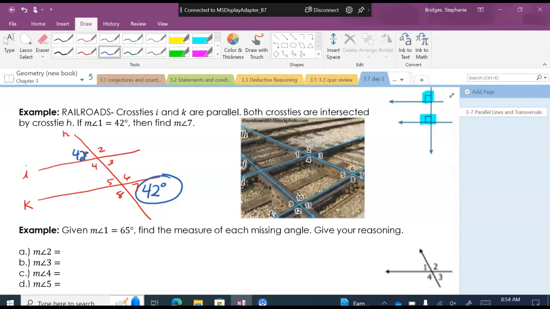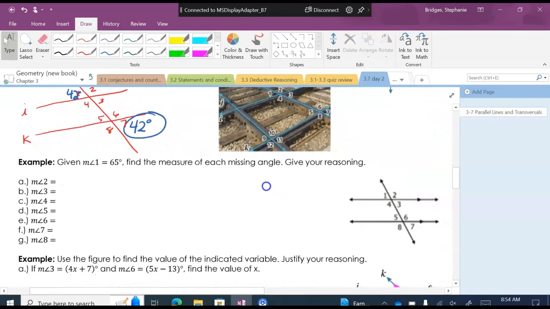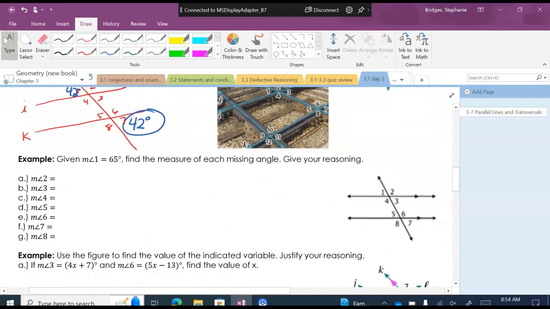All right, and then we're going to do the next example. But I'm also going to draw this picture on the board so I can have it a little bit bigger and write all this. The key here is when we do these types of problems, you're going to want to draw on your picture. Okay, first of all, we have our little arrows that tell us that our lines are parallel.